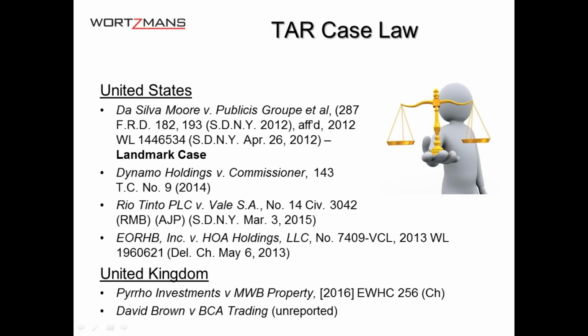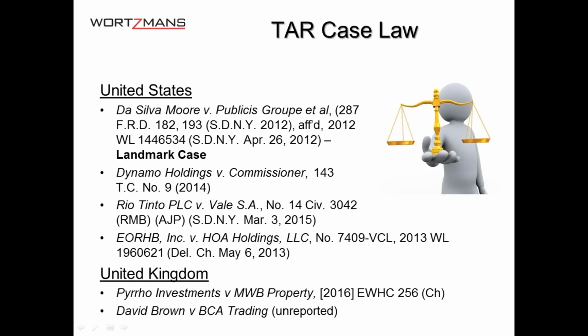The seminal case was De Silva Moore, and you'll see the citation for it on the slide. This was a gender discrimination case. Both parties were advocating the use of a specific type of technology to assist in the review, but in this case, one party wanted to use the technology and the other party was opposed.